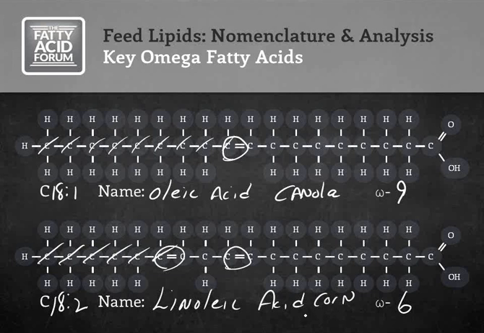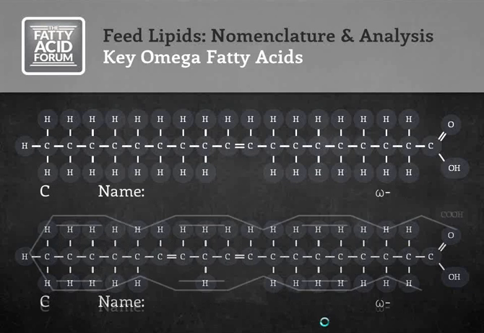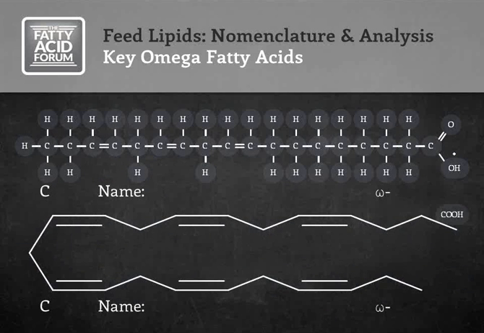If you wanted to add an oil or a fat source high in linoleic acid, a good choice would be corn oil or soybean oil or distiller's grain, just to name a few choices. Cottonseed, sunflowers as well.